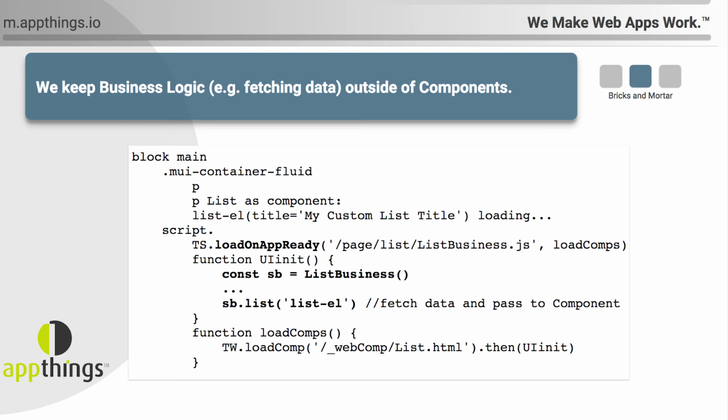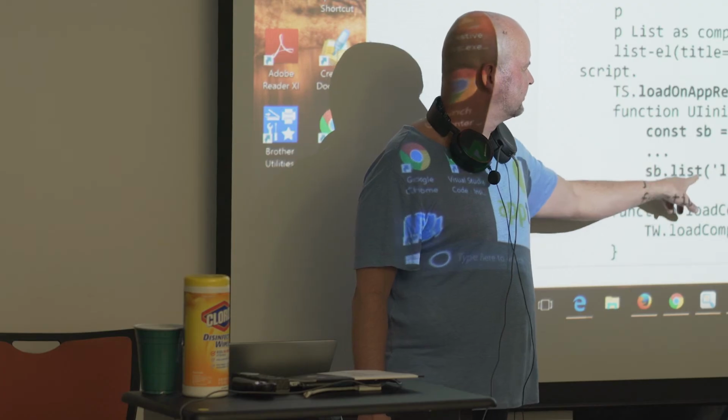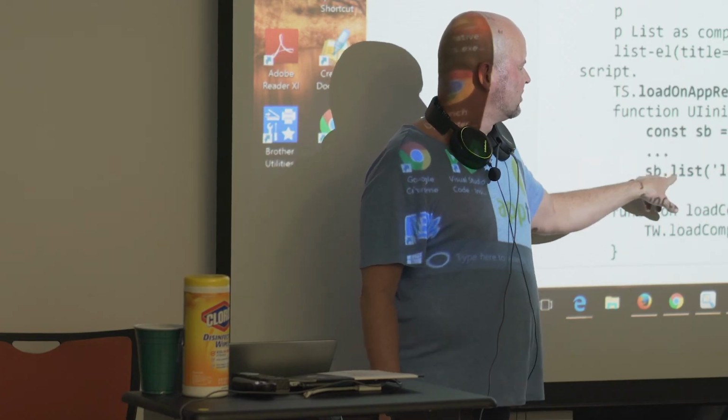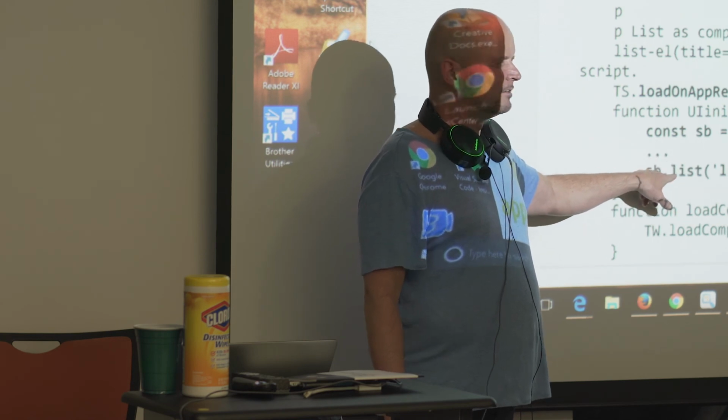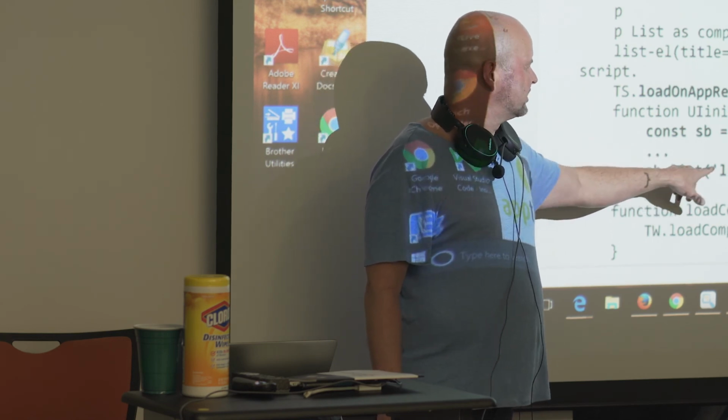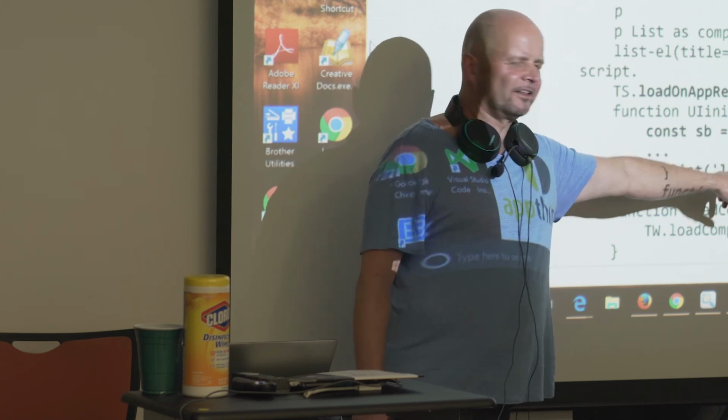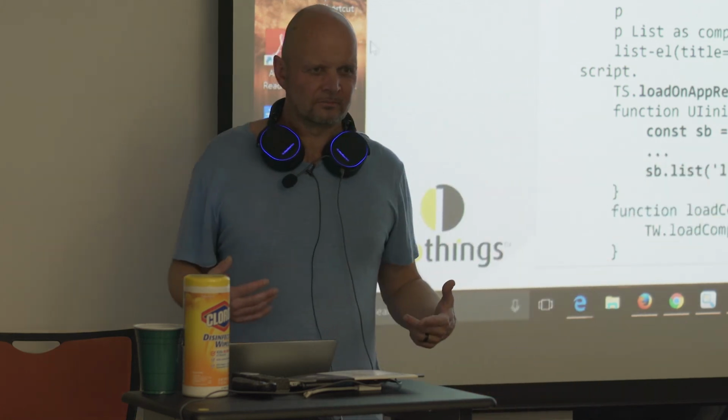And then once we're done, we do the heavy lifting: our list business has a method called list, and we pass it the name of that component. The heavy lifting happens inside here, where it says, go to the server, get me the data, and then render it, pass it on to the list element for rendering.